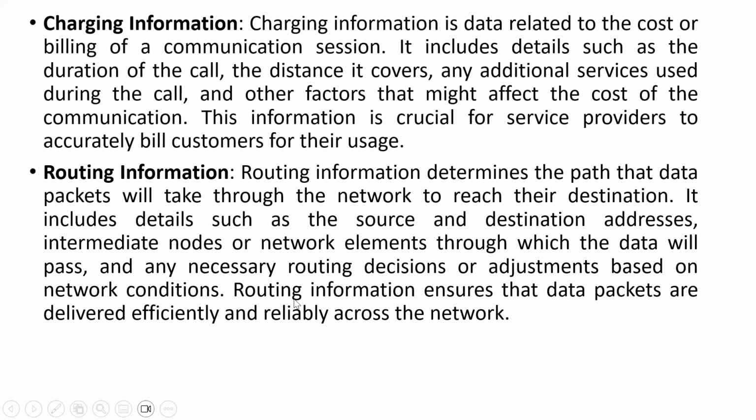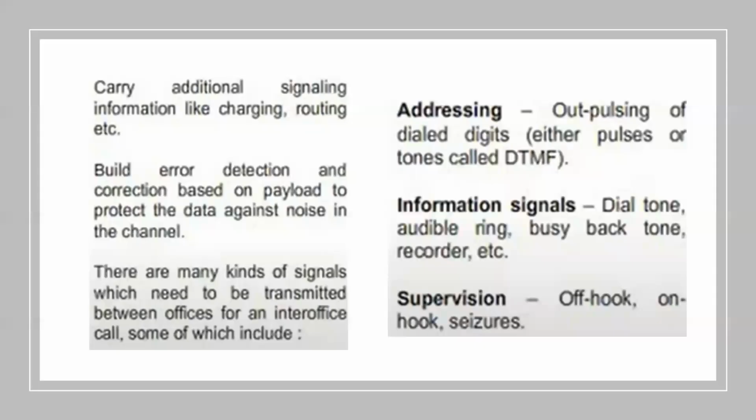Routing information ensures that data packets are delivered efficiently and reliably across the network. So this is our routing information. You have to learn these definitions. I have noted this in our slides.